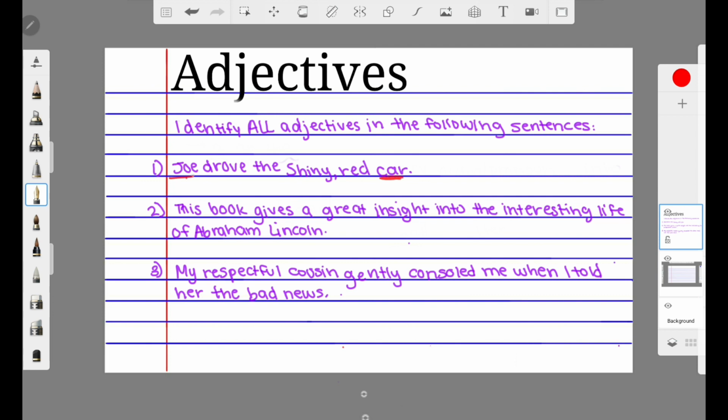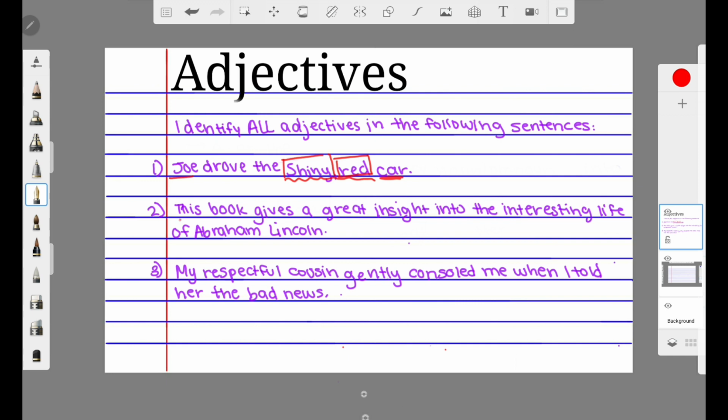We can see that nothing modifies the noun Joe, so obviously there are no adjectives there. So let's look at car. Joe drove the shiny red car. Shiny and red modify car, therefore the adjectives in this sentence are shiny and red.